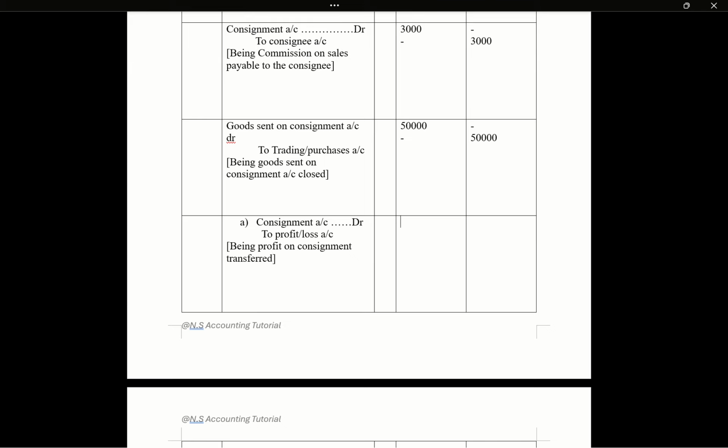The amount is rupees 13,000. You will get to know how the 13,000 came.